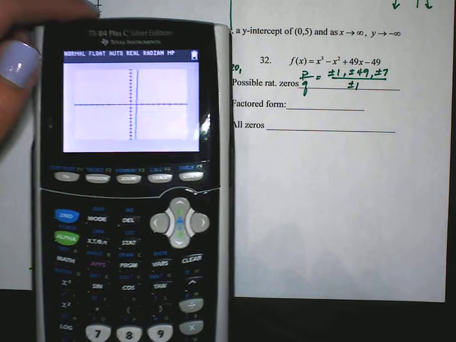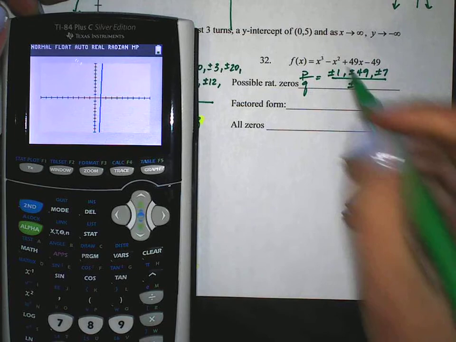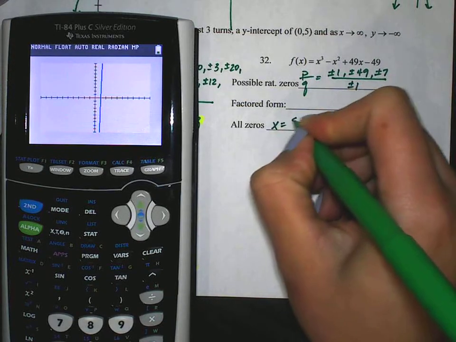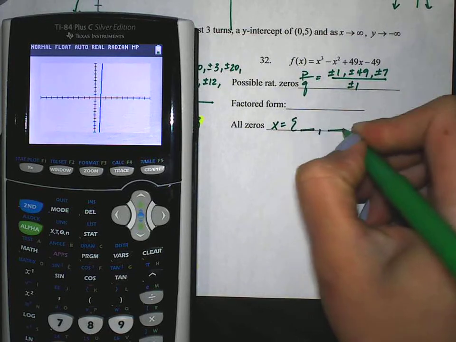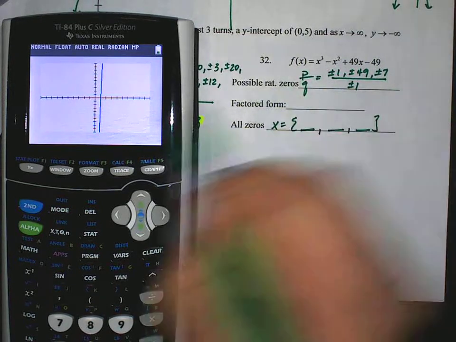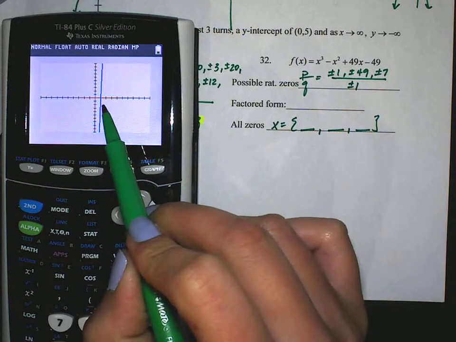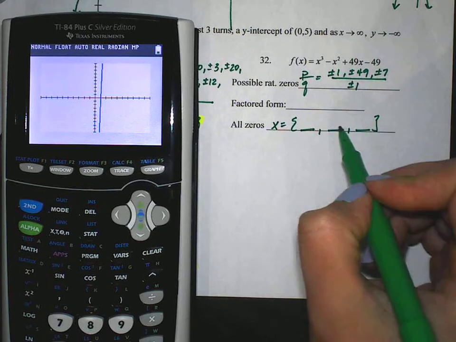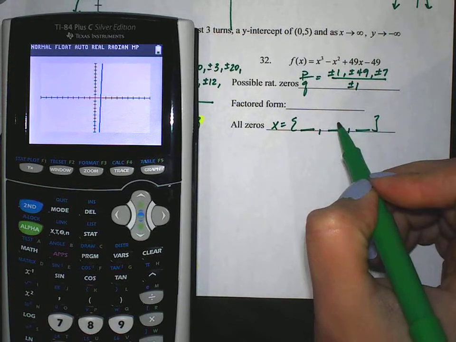Okay, and that's it. So notice, I should have 3 answers. So I'm going to set up my answer here. 1, 2, 3. Remember, the number of answers matches your highest exponent. Right now I only see one real x-intercept, one real zero. So that means these two have to be imaginary.